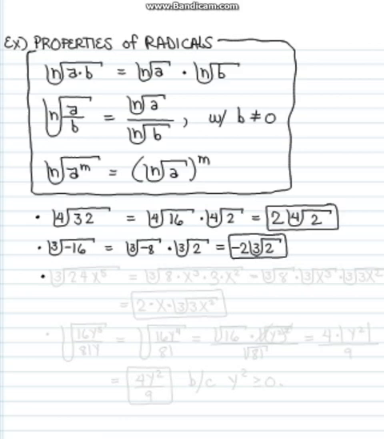Next example, we're going to simplify the cube root of 24 times x to the fifth power. Okay, let's bust it out. We're going to actually write as many perfect third powers, bring them to the front as possible. So we know that 24 is the same as 8 times 3, and 8 is a perfect cube, so we'll bring the 8 out in front. We also know that x to the fifth can be broken up to x to the third times x to the second, and x to the third is a perfect cube, so we'll bring that part to the front.